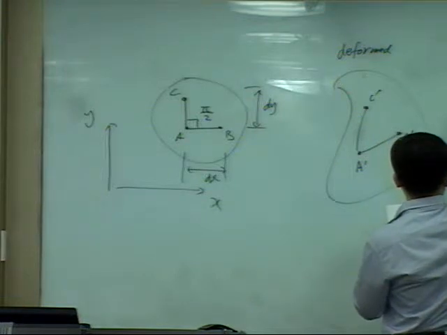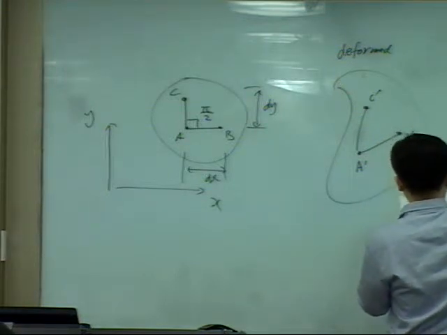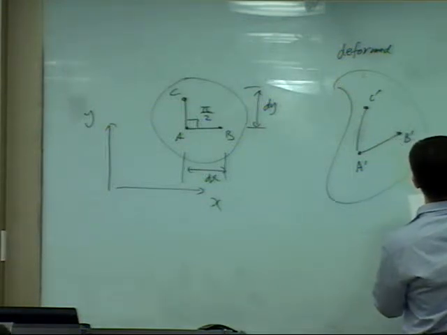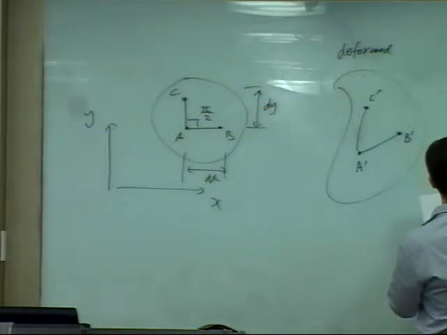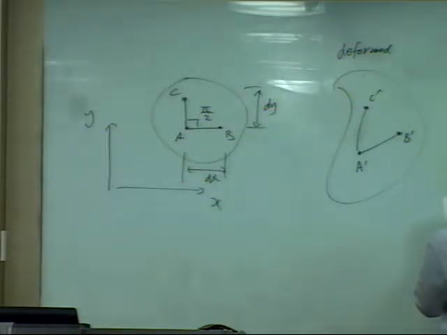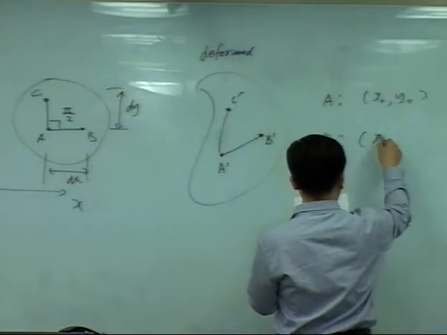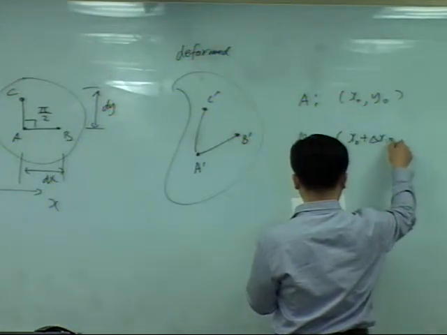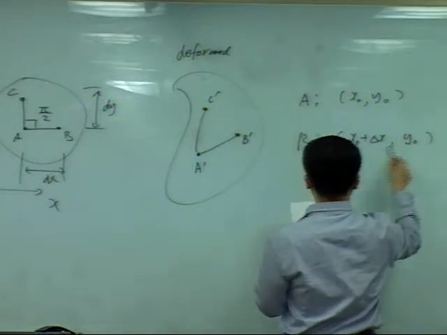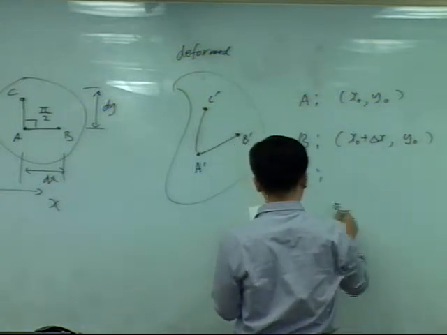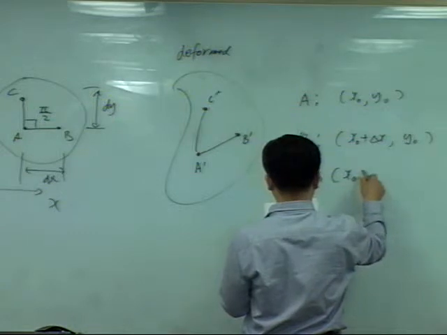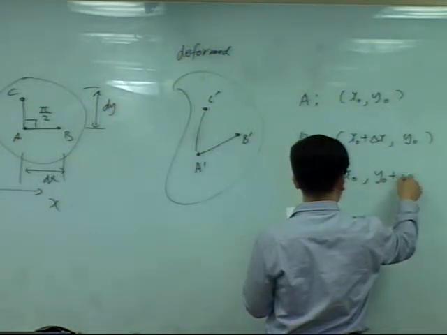And the A point's original position is x0, y0, and B is x0 plus delta x, y0, and C is x0, y0 plus delta y.